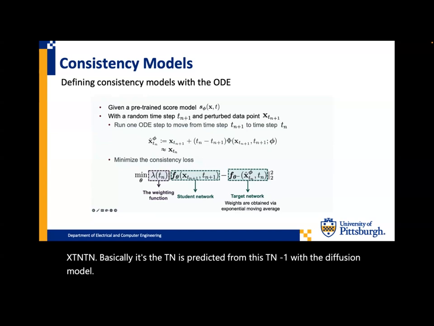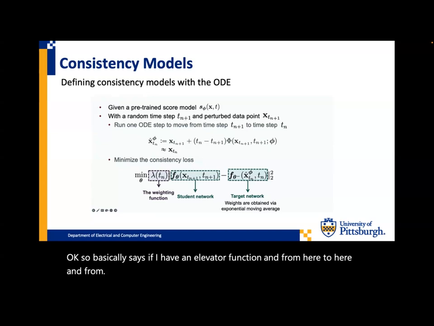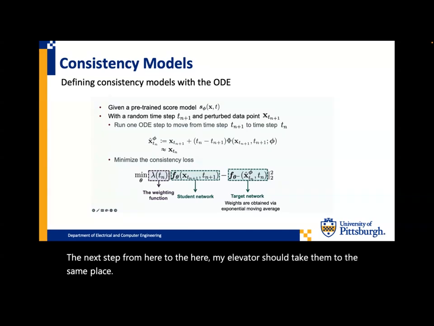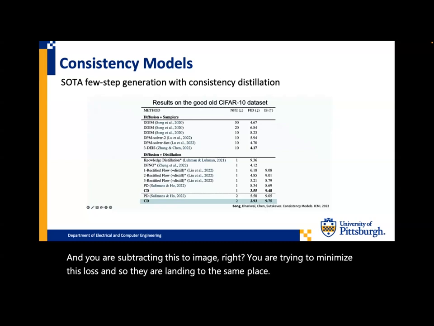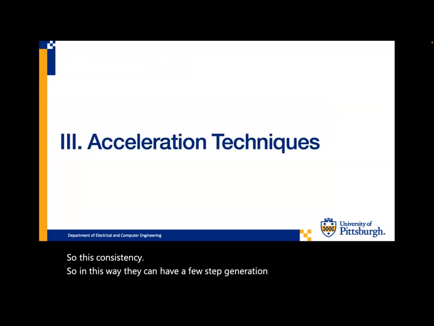So if I have an elevator function, from here to here, and from the next step from here to here, my elevator should take them to the same place. You subtract the two images and minimize this loss, so they land in the same place. So in this way, you can do few-step generation with consistency distillation.